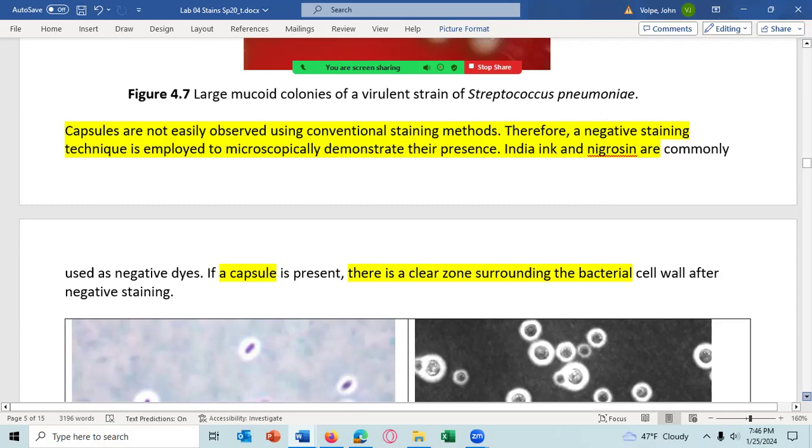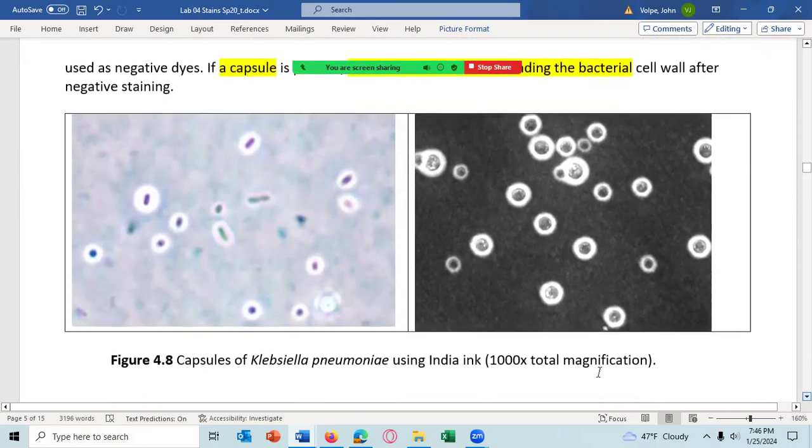Let me talk about it here, as this is a negative stain. It's called the negative stain because it's staining the background and not the cell so much. It is actually staining the cells. They're being stained lightly, but they're not being stained darkly. And obviously the background of the slide is stained very darkly.